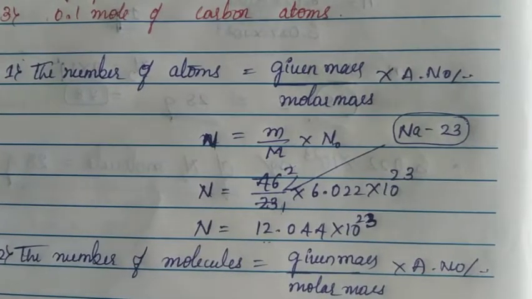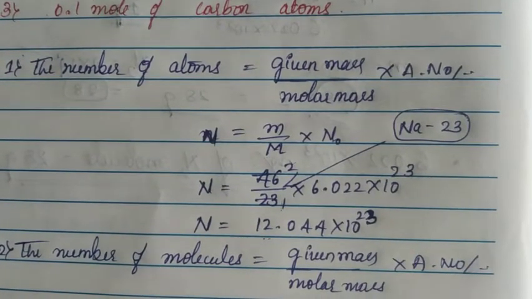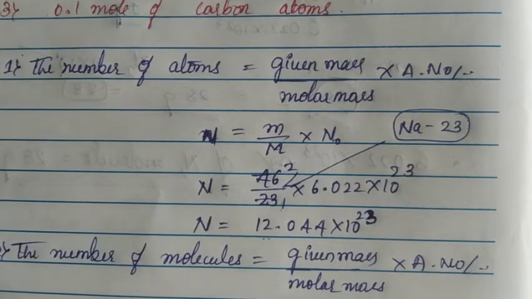This is the number of particles present in 46 grams of sodium atoms.